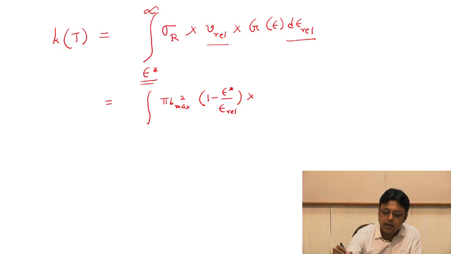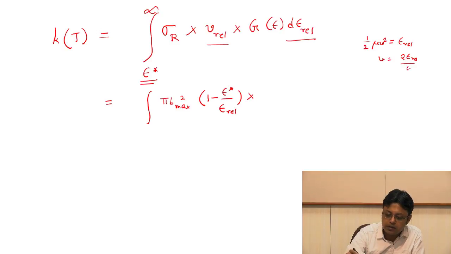You already know that half mu v square is epsilon relative, so v is the square root of twice epsilon relative divided by mu.